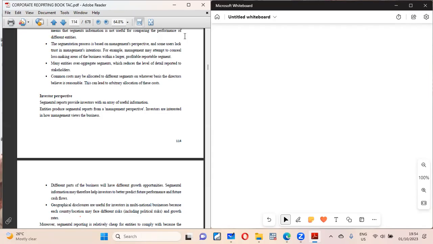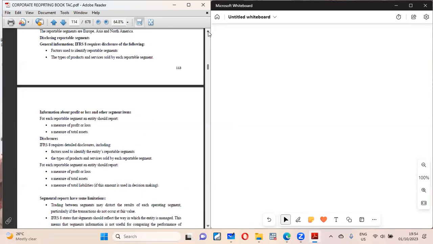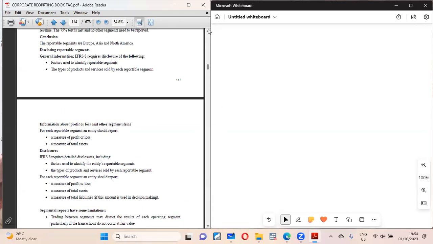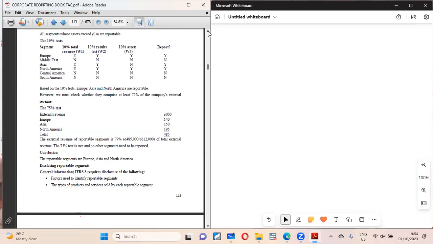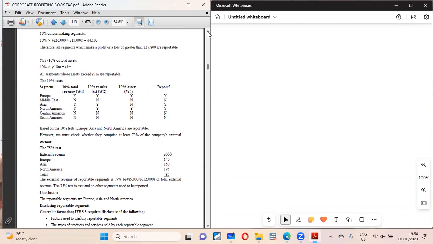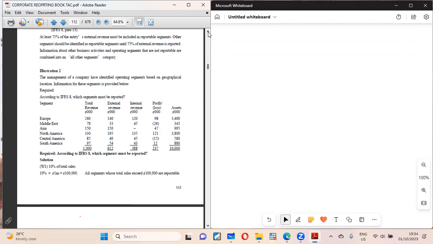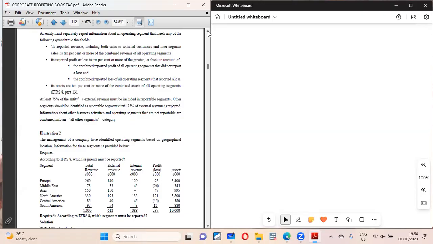If it is not, then additional segments are required to be disclosed. And I think I made that point here. The line dropped off. I think that is the question he wanted to ask if I was following. So I made that point here.